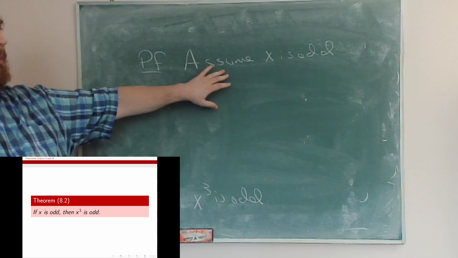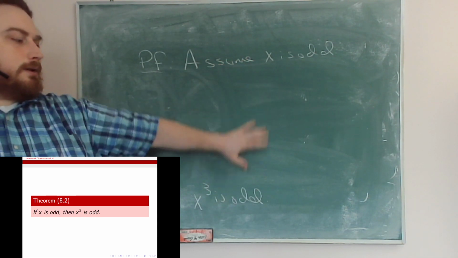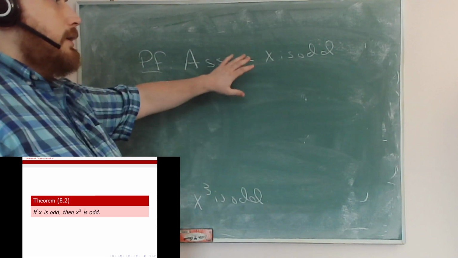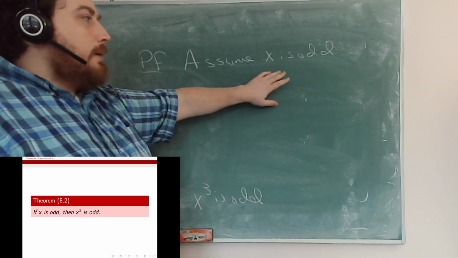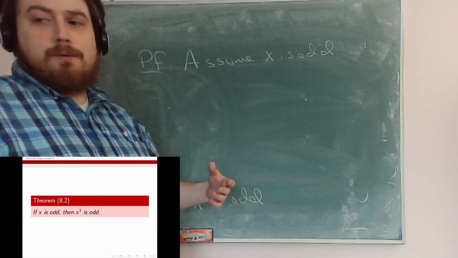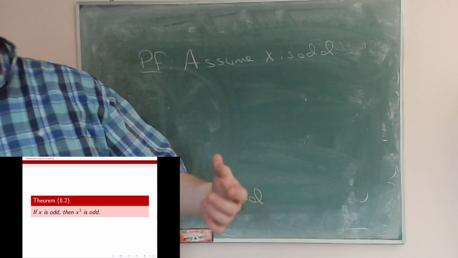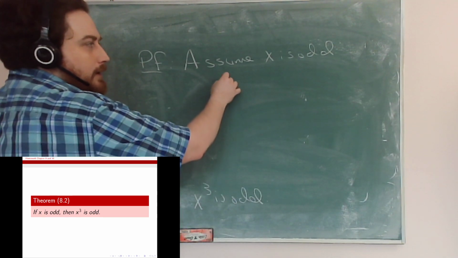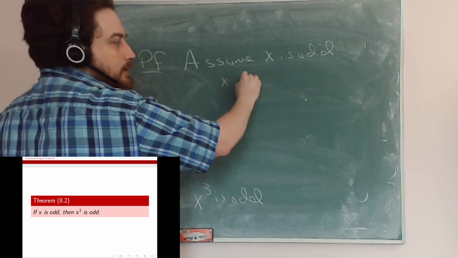And so what I want to think about here is what are the different definitions of odd? What are the different things we can work with here? I'm just going to list out all the things that we have. If you remember any, try to write them up. We can write that x is not even.